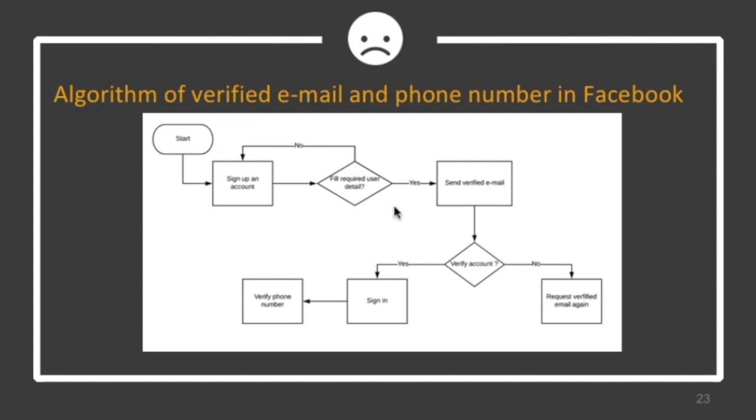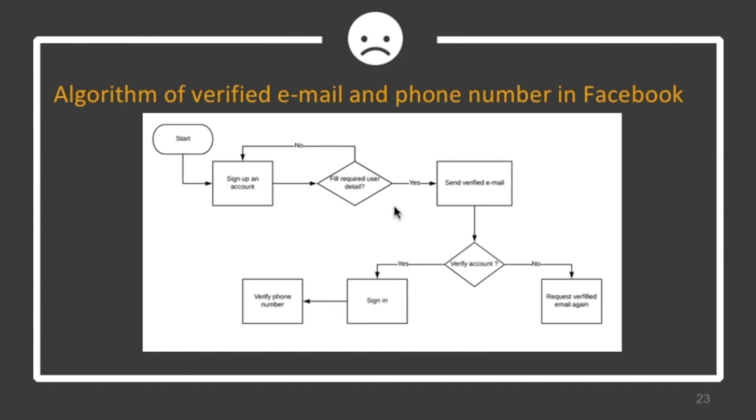The algorithm of verifying email and phone number in Facebook. It will start with the user being required to sign up for an account, and then the system will check whether the user filled in the required details completely or not. If no, they have to sign up again. If yes, the system will send a verification email to the user, and the user has to open the email to verify the account.